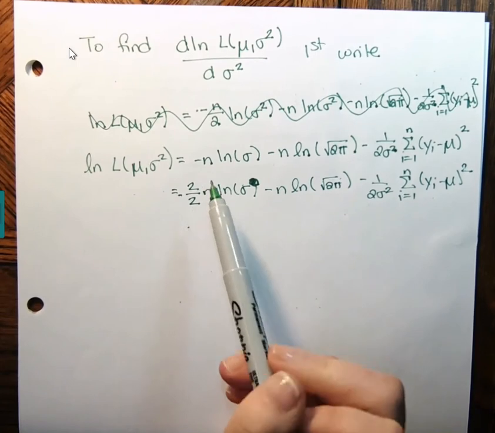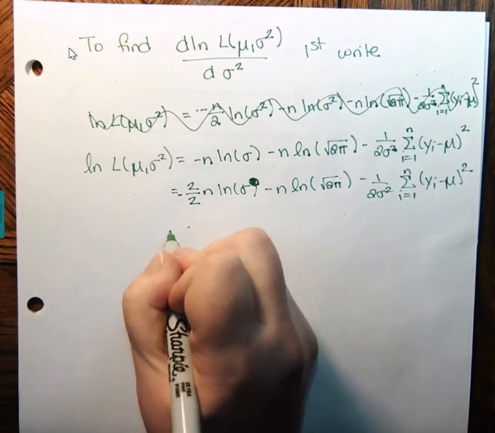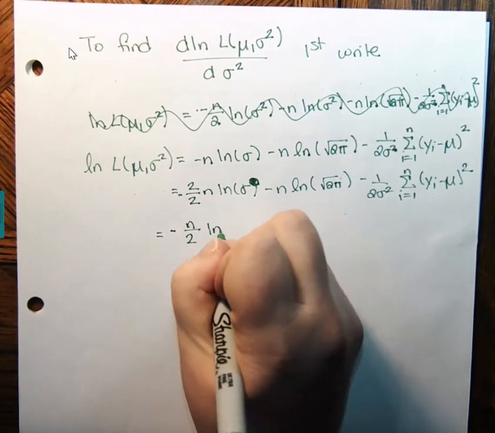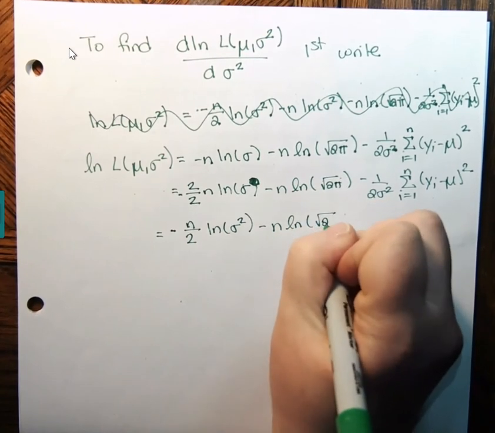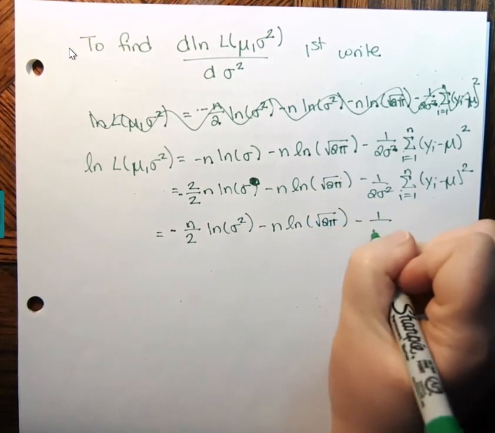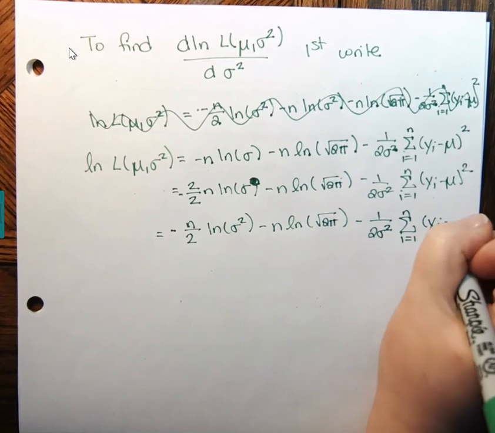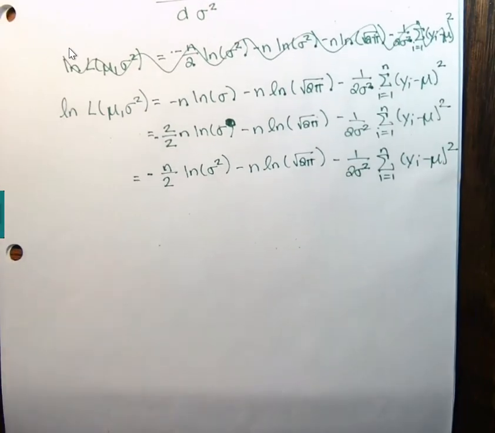Now, using my log rules, since this is multiplied by 2, I could have sigma squared here. And so notice this is equal to negative n over 2 natural log of sigma squared minus n natural log of the square root of 2 pi minus 1 over 2 sigma squared, the sum i equals 1 to n y i minus mu squared. So now that my terms that have sigma are both in terms of sigma squared, what I can do is a little bit of substitution to make it easier for me when I go to take the derivative.